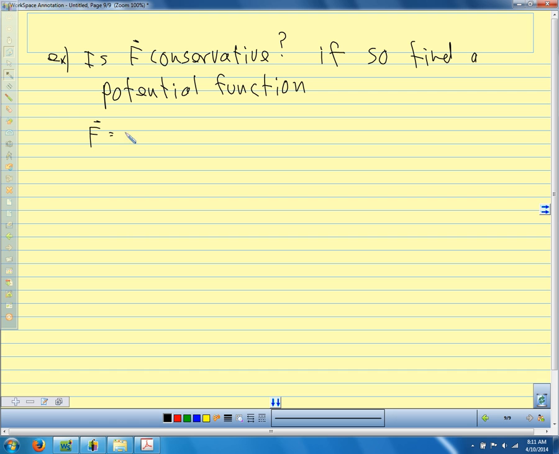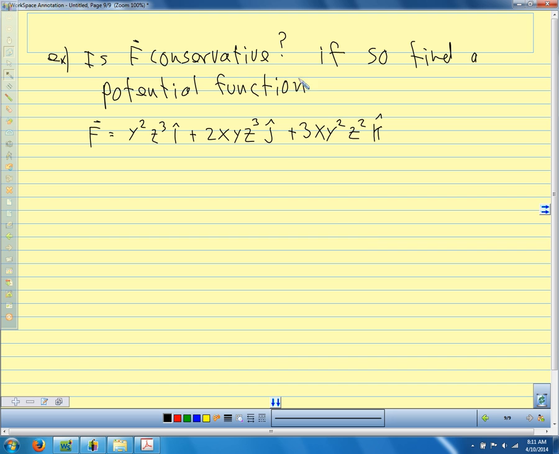F is y squared z cubed i hat plus 2xy z cubed j hat plus 3xy squared z squared k hat. So there's our long, kind of messy vector field.